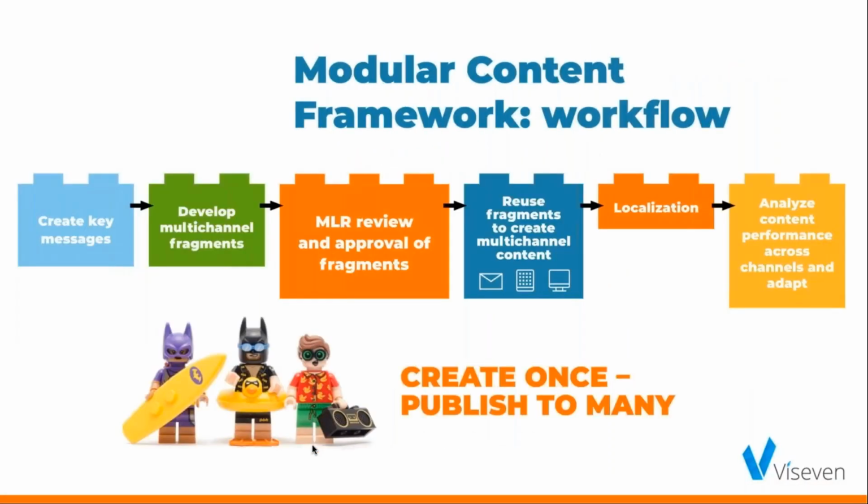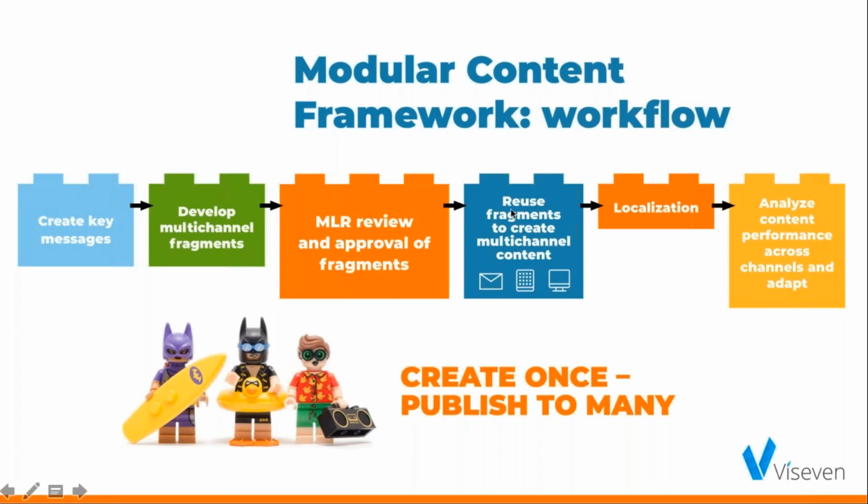How do we think we can improve this process? With the modular content framework, the workflow really looks like this. We create the key message, which of course is the creative part. We develop the multi-channel fragment that can then be reused across the channels, and we approve it with MLR just once.